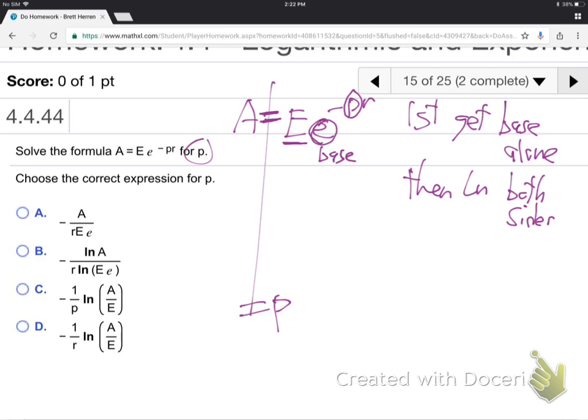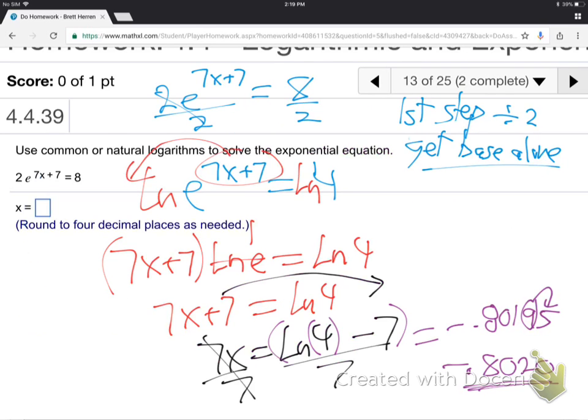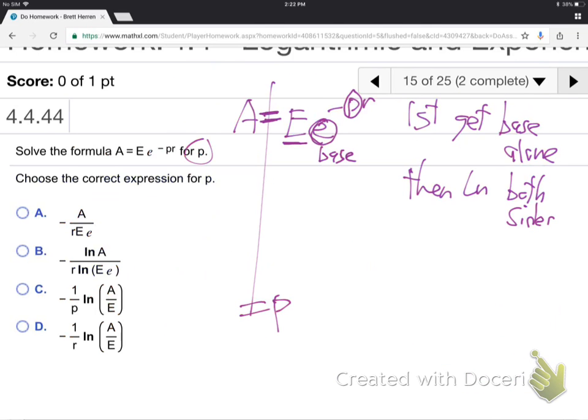A base means it has something on it. So the little e is the base. That part has to be alone, just like the last problem. See who was the base here? Again, the little e had something on him, so he was the base, which means I don't want that 2 there. Get rid of anything outside of the base to get the base alone. Then do the ln both sides. See that same thing here? First get the base alone, then ln both sides.